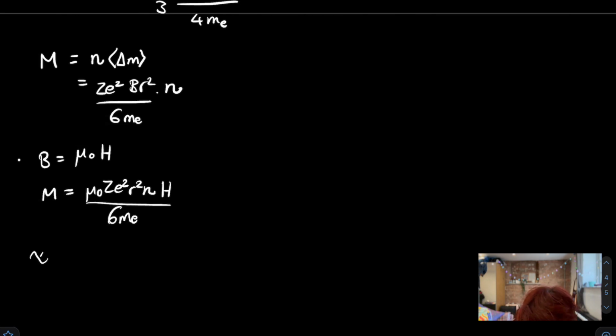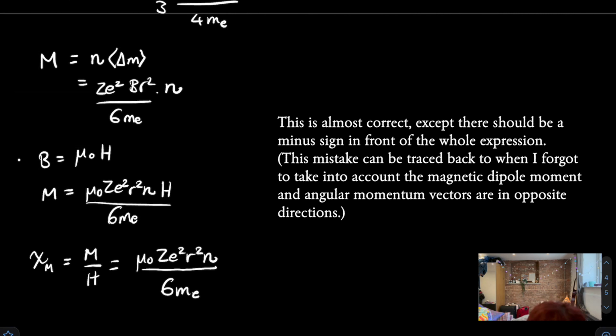And now we can finally write what our diamagnetic susceptibility is. We get that this is equal to M divided by H, because of course that's what the diamagnetic susceptibility is. And so we can say that this is mu naught Ze squared R squared times N right here divided by 6me right here. So there we go.